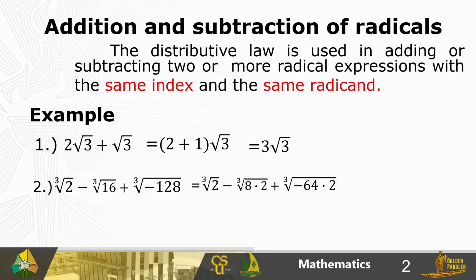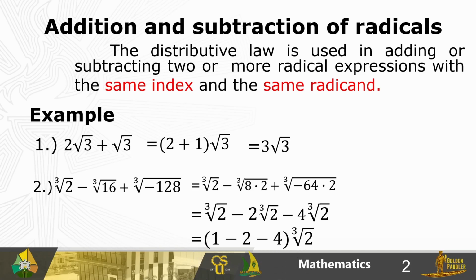So we can write this as cube root of 2 minus cube root of 8 times 2, because 16 can be written as 8 times 2, and negative 128 can be written as negative 64 times 2. The cube root of 8 is 2, and the cube root of negative 64 is negative 4.